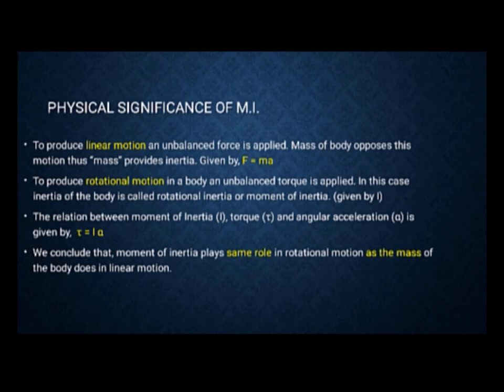It is another analogy. The relation between moment of inertia I, torque tau and angular acceleration alpha is given by tau = I alpha. We conclude that moment of inertia plays the same role in rotational motion as the mass of the body does in linear motion.